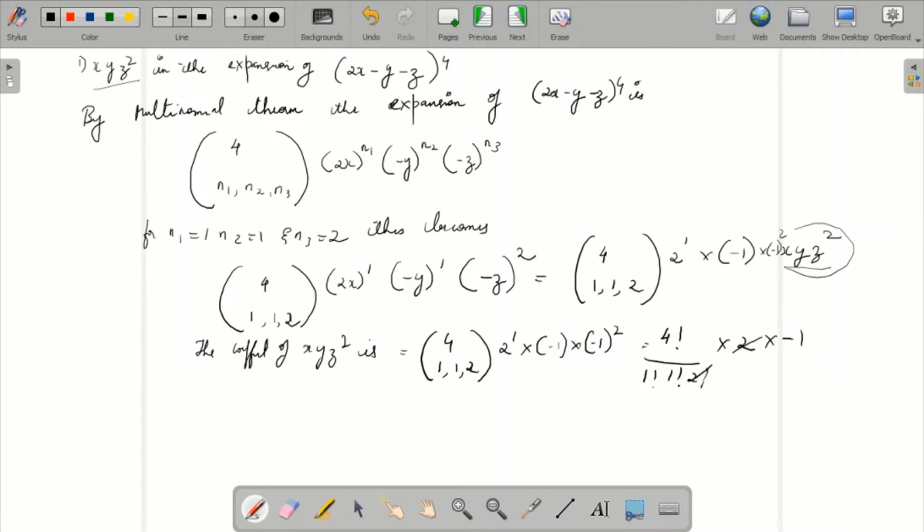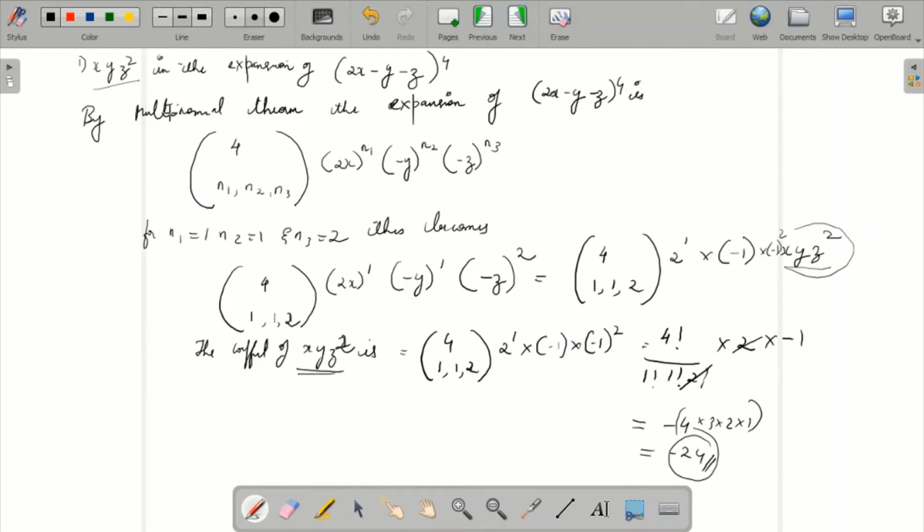So this 2 gets cancelled. So it is nothing but 4 factorial, it is actually minus 4 factorial. So it is minus 4 into 3 into 2 into 1. So 4 3s are 12, 12 2s are 24. So the answer is minus 24. So this is the coefficient of xyz square.